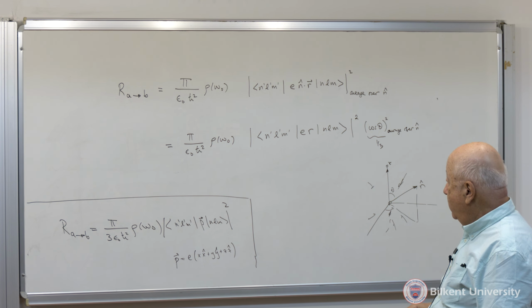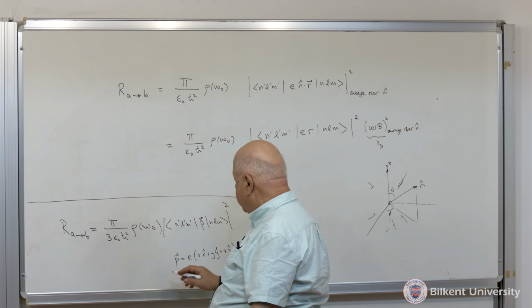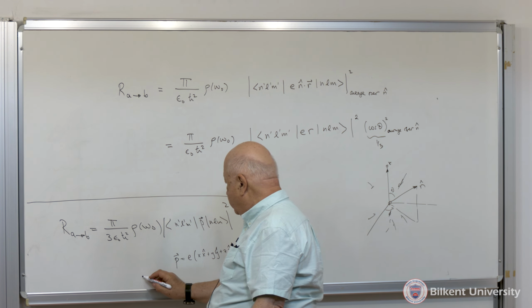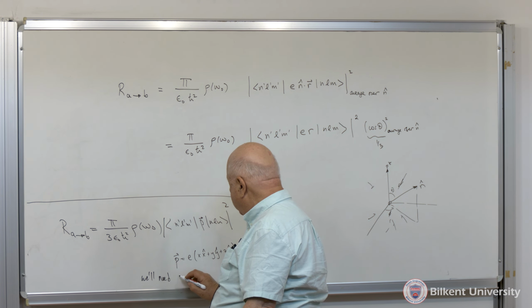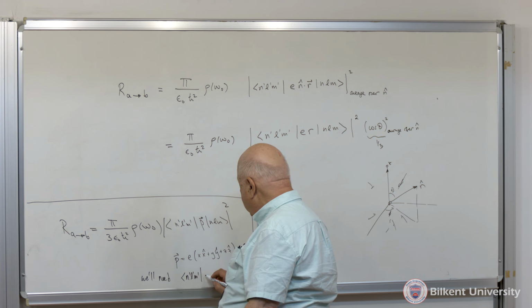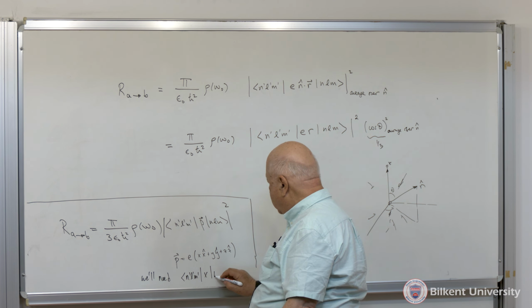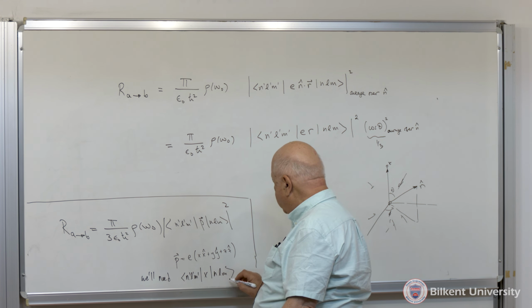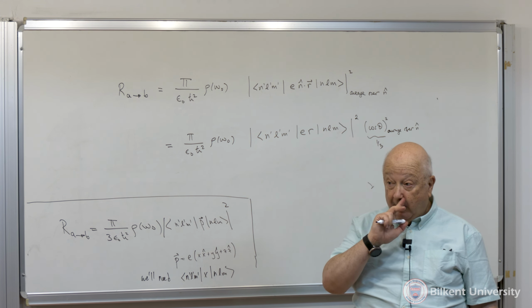So we are going to need things which look like the average value of n prime, l prime, m prime, say x or y or z, between the initial and final states, so that we can put it in there.